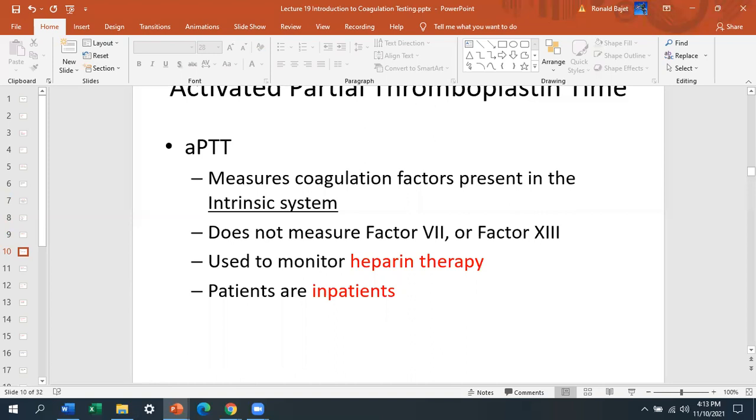In the intrinsic system, there are more factors. So the PT measures Coumadin therapy, and the APTT measures heparin therapy. And these patients are usually inpatients. You don't take heparin home and do a heparin drip while you're at home or sleeping or whatever. Heparin is given on an inpatient basis.